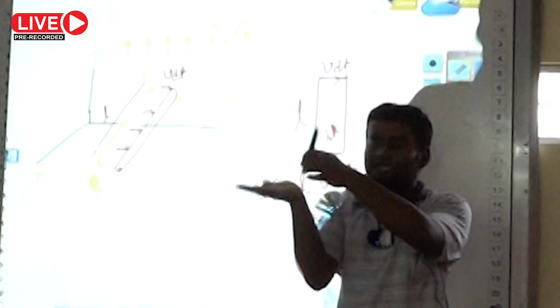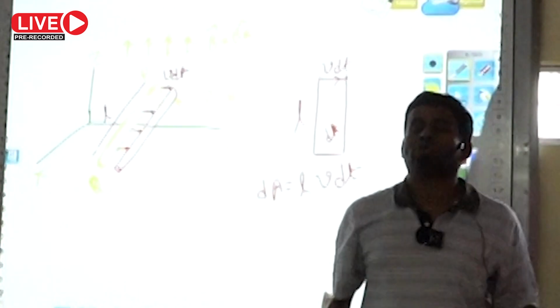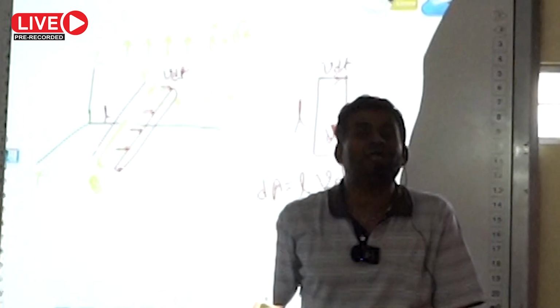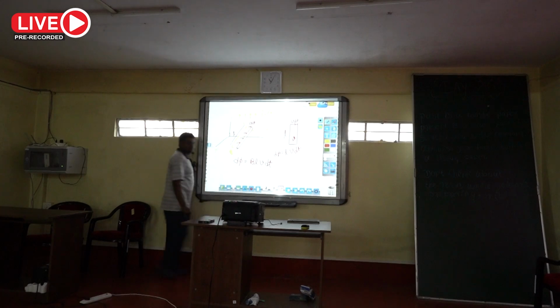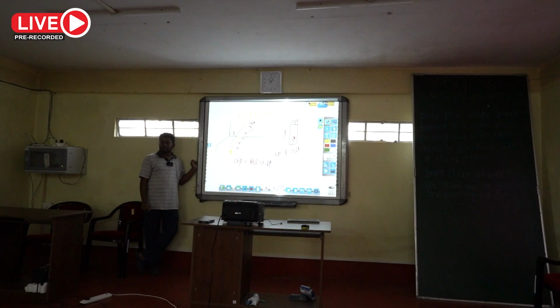With this surface area, the magnetic field is going like this, so the angle between them is 90, but the area vector is denoted by cross product, so the angle between the area vector and magnetic field vector is 0. So cos 0 will come, which is 1. So some magnetic flux will be passing through this area, and that is B L v dt.